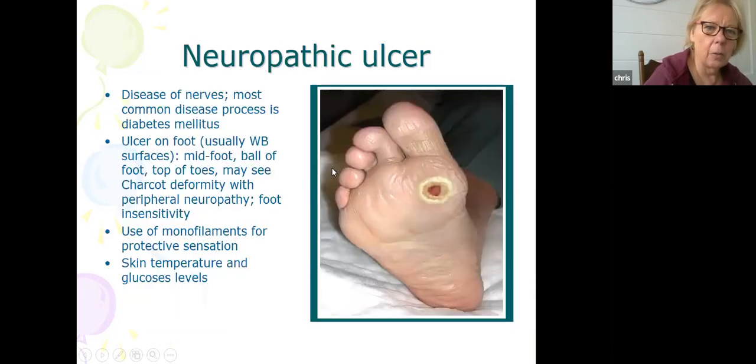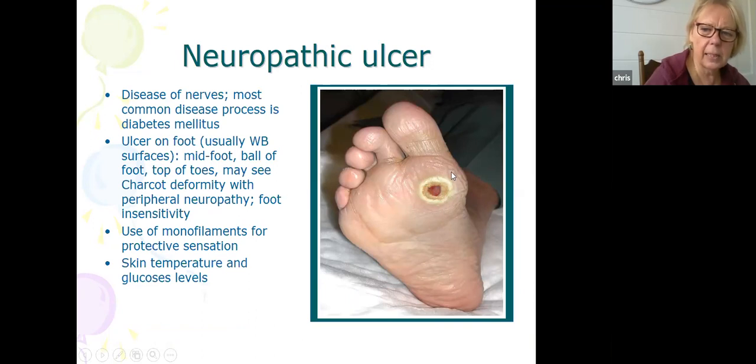Okay. Neuropathic ulcer. Neuropathy, we know what neuropathy is, right? Disease of a nerve. So the most common ulcer associated with diabetes mellitus is a neuropathic ulcer. And it's usually on the bottom of the foot, could be on toes also.